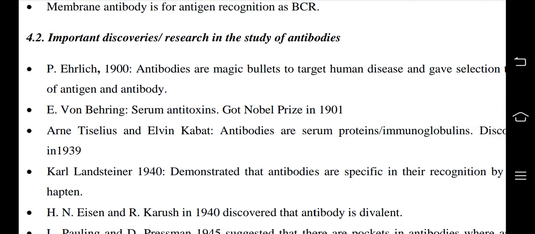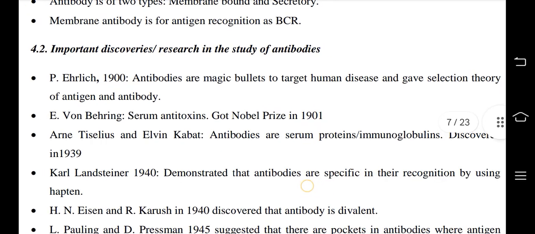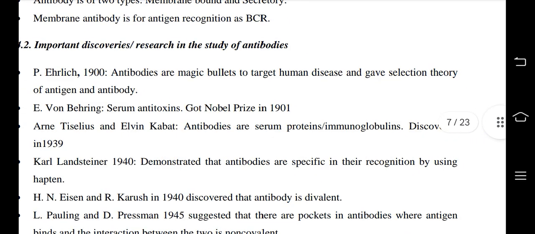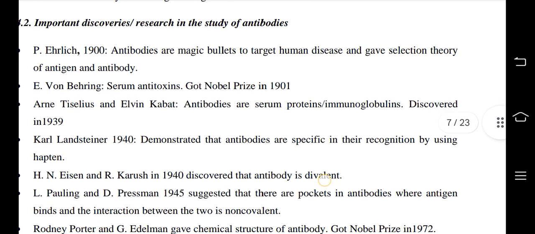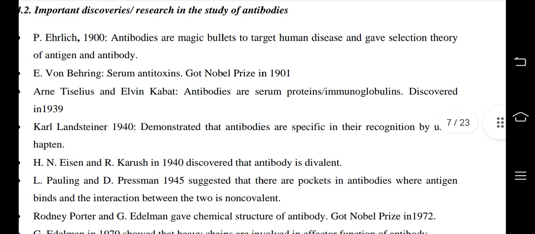Important discoveries or research in this area of antibodies. P. Ehrlich in 1900: antibodies are magic bullets to target human disease, and he gave the selection theory of antigen and antibody. E. von Behring: serum antitoxins, got Nobel Prize in 1901.